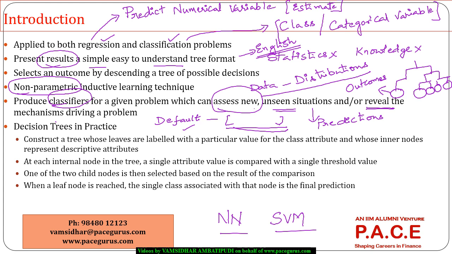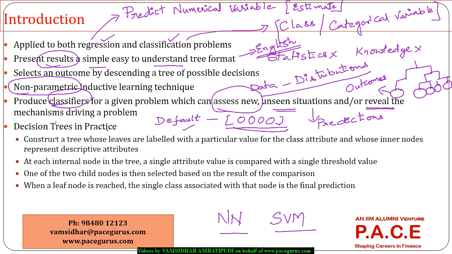And at the same time, I want to try to understand what are the various factors that are typically driving the default. So any of these things could come into picture when we are talking of decision trees.